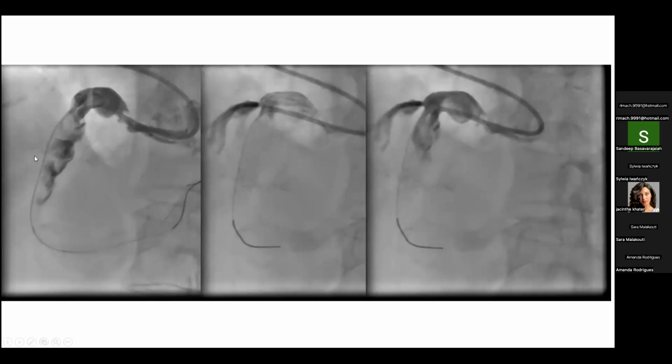It's an 80-year-old woman. Huge right coronary artery with massive thrombosis of the artery, and unfortunately, there was a lot of thrombus aspiration, but the flow didn't restore.